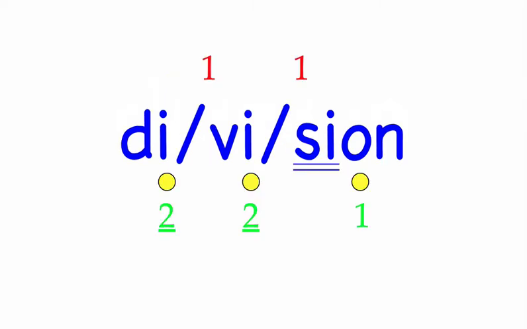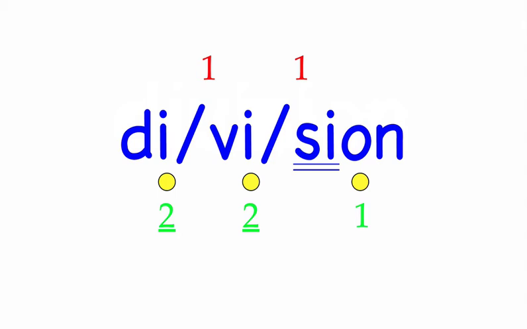Division. Mark the word. Division. 2 is underlined under both I's in this word at the end of the first and second syllables, because in both instances the I is representing the short sound of I, which is an exception to vowel group 2, which indicates it would normally represent the long sound.